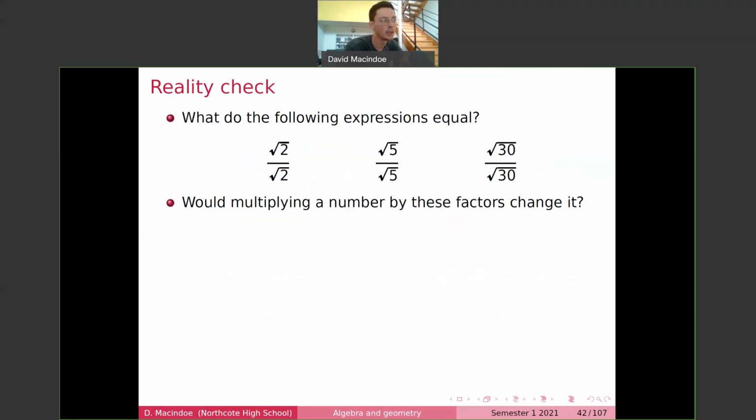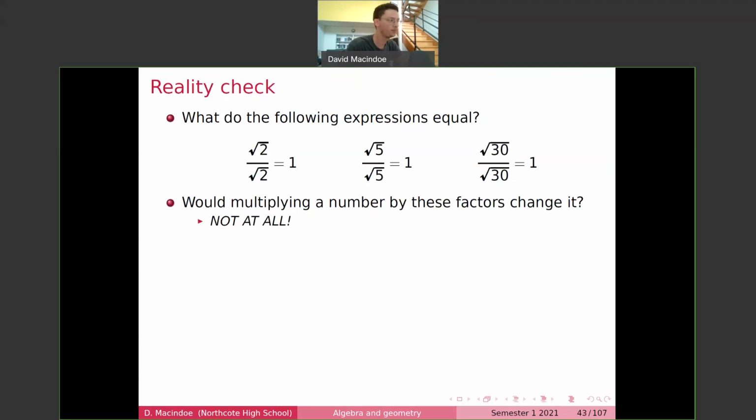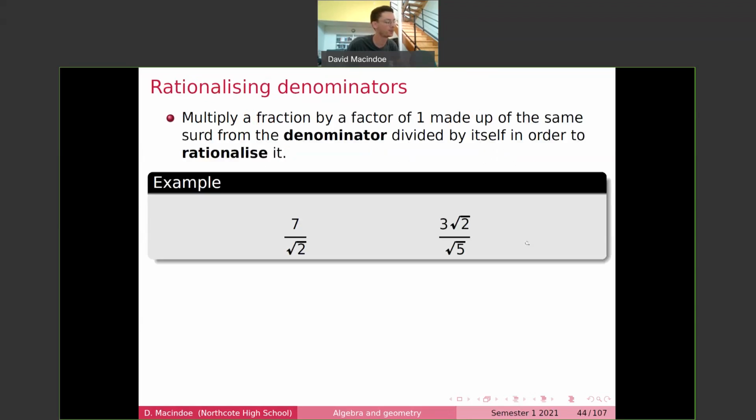But we know if you divide something by itself, you get 1. So if you multiplied any number by one of these factors, would that change it? It would not. All of them are equal to 1, right? And if you times something by 1, you've still got the same thing. You're not changing it at all. So what we have to do is be a bit smart about picking what our 1 looks like, and then we can rationalize our fractions.